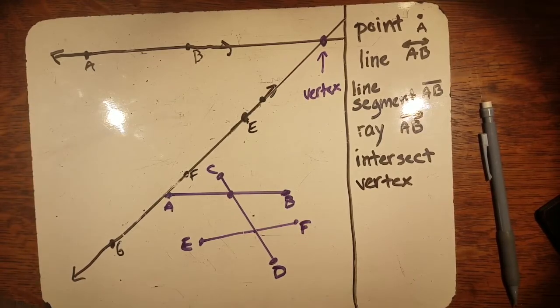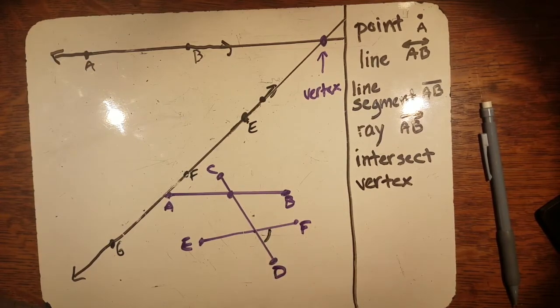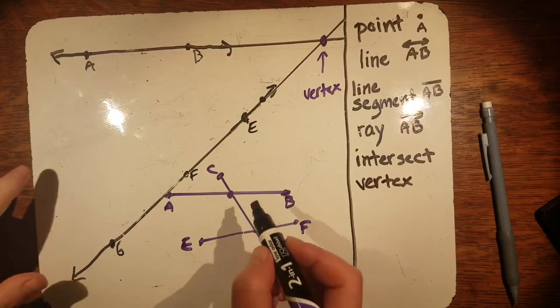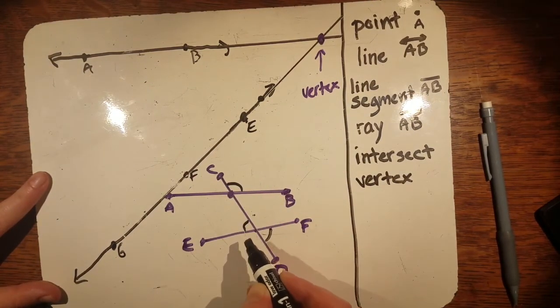You got it. So now, last but not least, we are going to talk about that space, or the measurement of space between two lines. We've got all sorts of different ones.